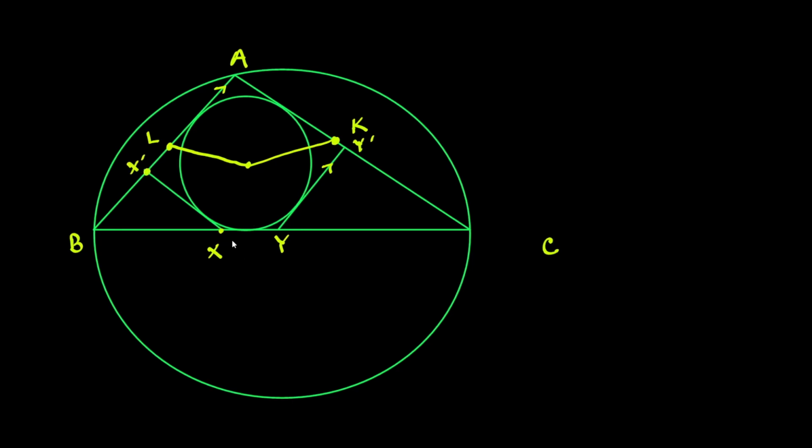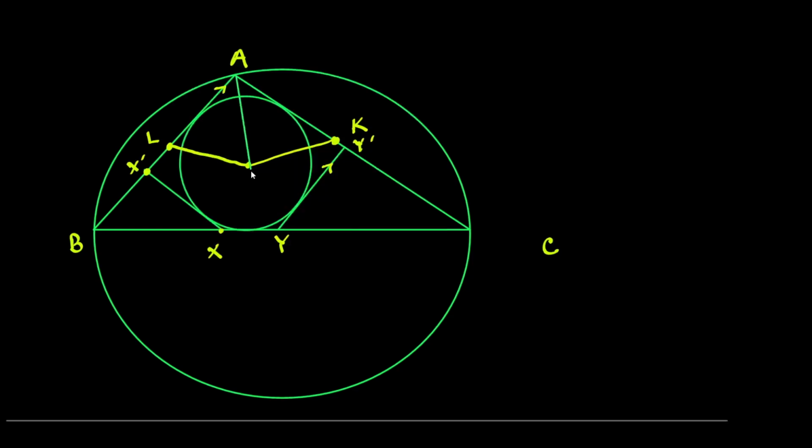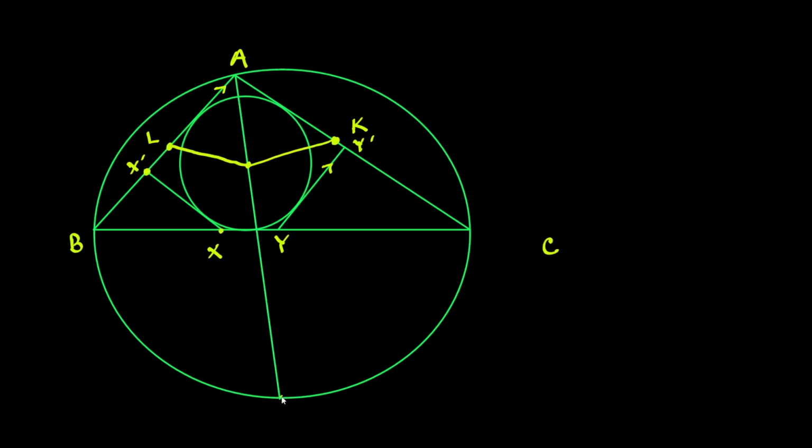And we have AI. We will extend AI, that will touch a point P on the circumcircle. For YPX, we have to find out what angle KIL plus angle YPX is equal to 180 degrees.